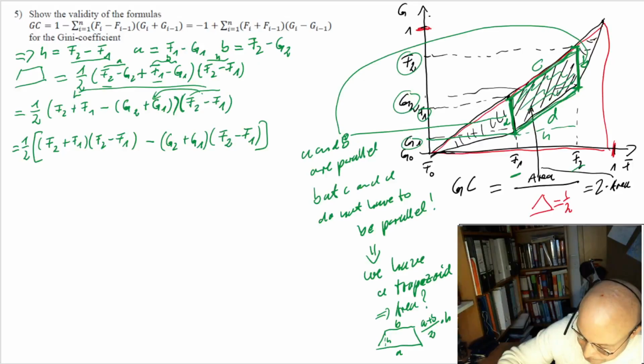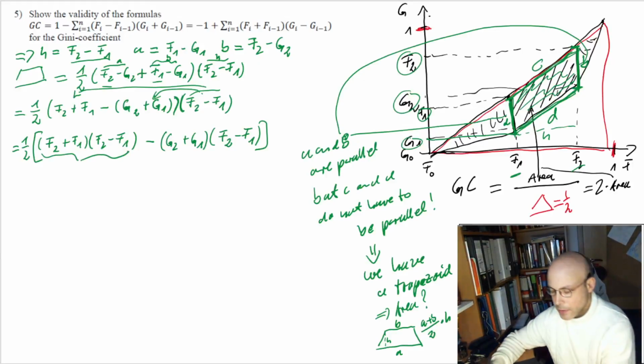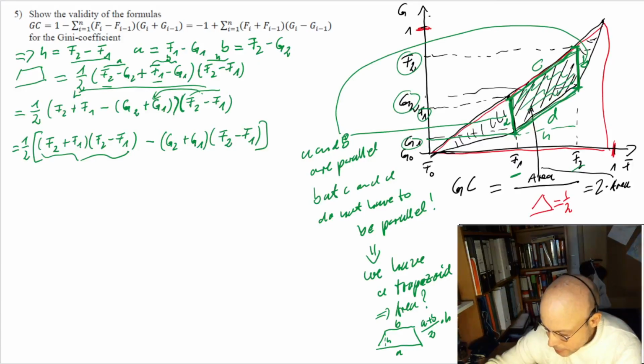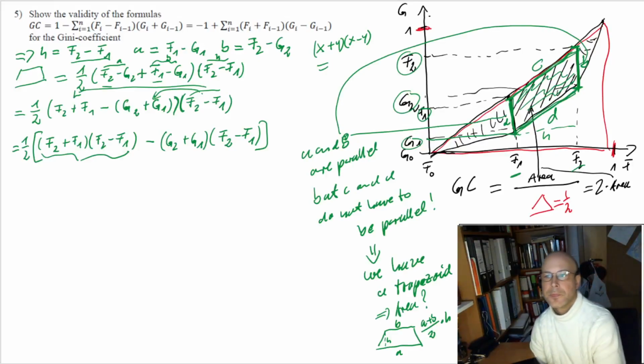And what is this? Hopefully you know from school what x plus y times x minus y equals. These are the so-called binomial formulas.